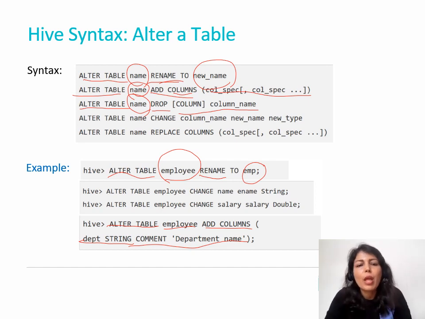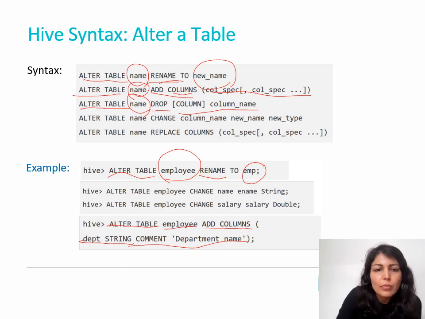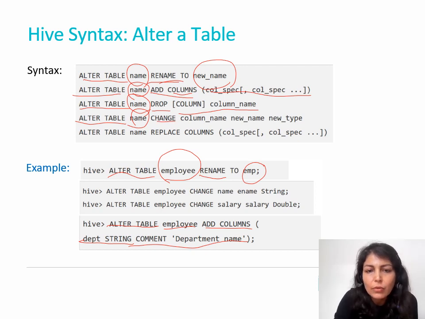I'll show you. Or you may want to change the name of the column or the type of the column. So you write alter table, the name of your table, change, this is the keyword, and the column name. Now you can give this column a new name or new type.